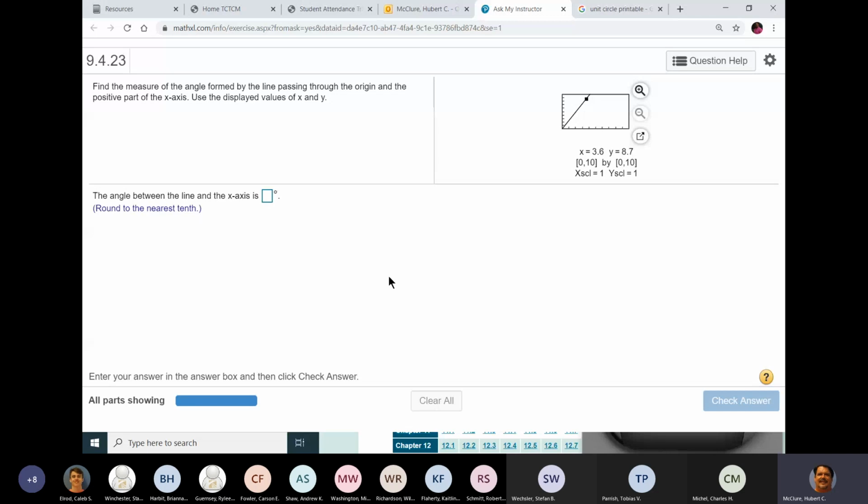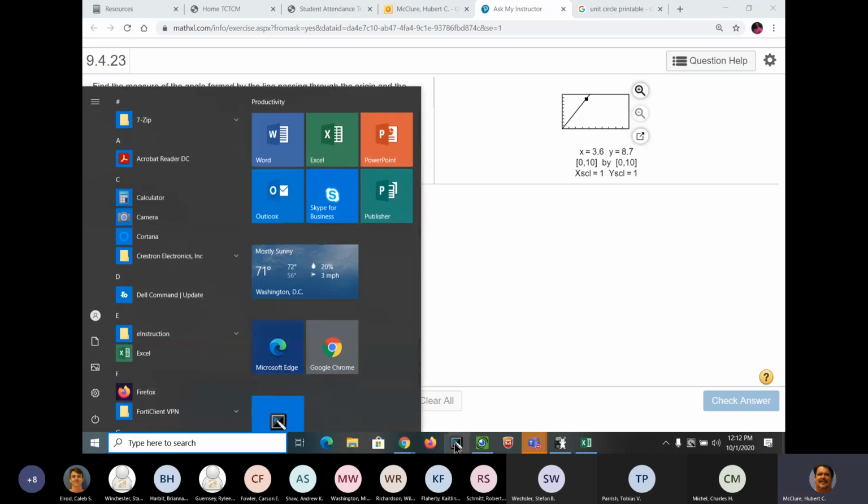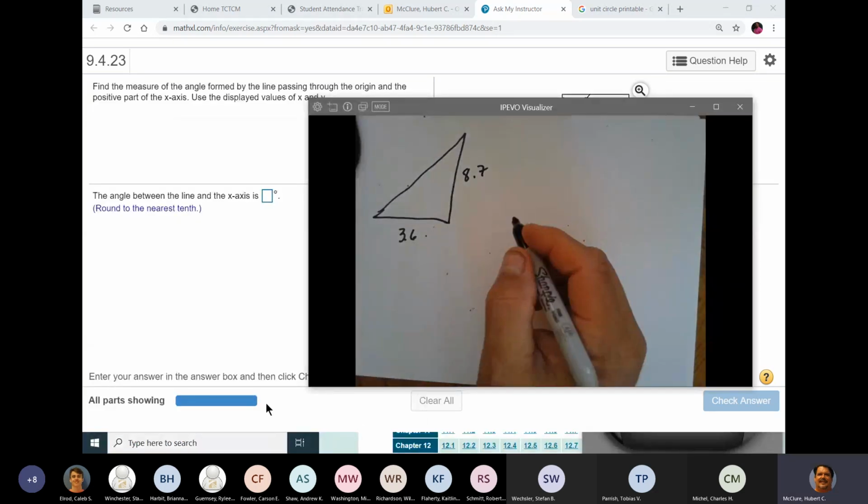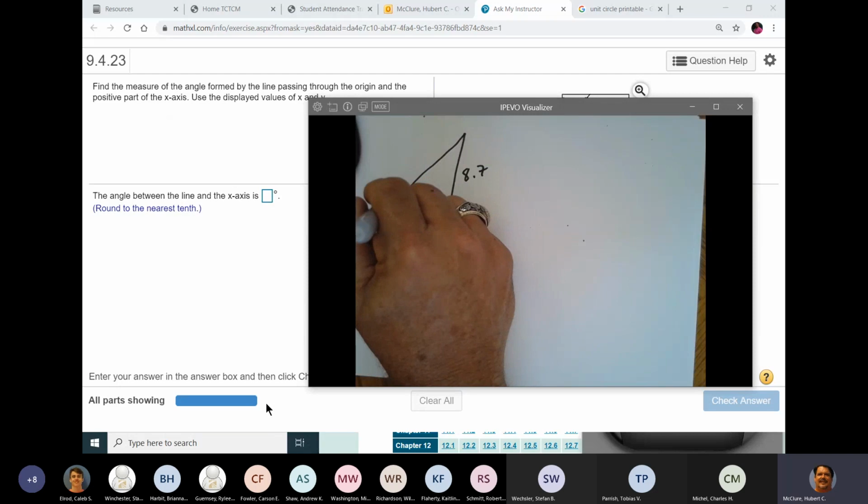Okay, I'm just going to draw a picture of what they've got here. They've got x is 3.6, so this is 3.6 and this is 8.7. I'm just going to do everything. So that means I want to get the angle here.